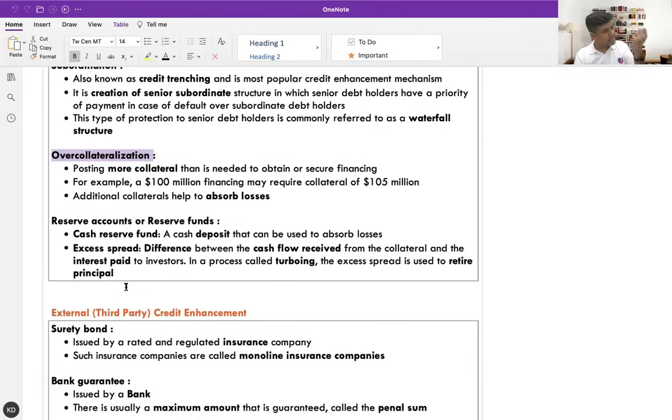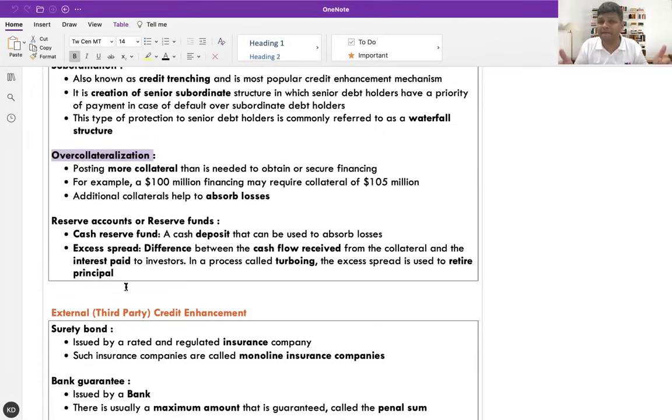Let's say the borrowers pay you 8% interest, and you have issued bonds to the investors where you pay them 6% interest. So there's a difference: you earn 2%, right? This 2% profit you do not consume, you accumulate it so that you can use it in the future to repay in case any of the borrowers defaults. Are you getting my point? This is called excess spread.